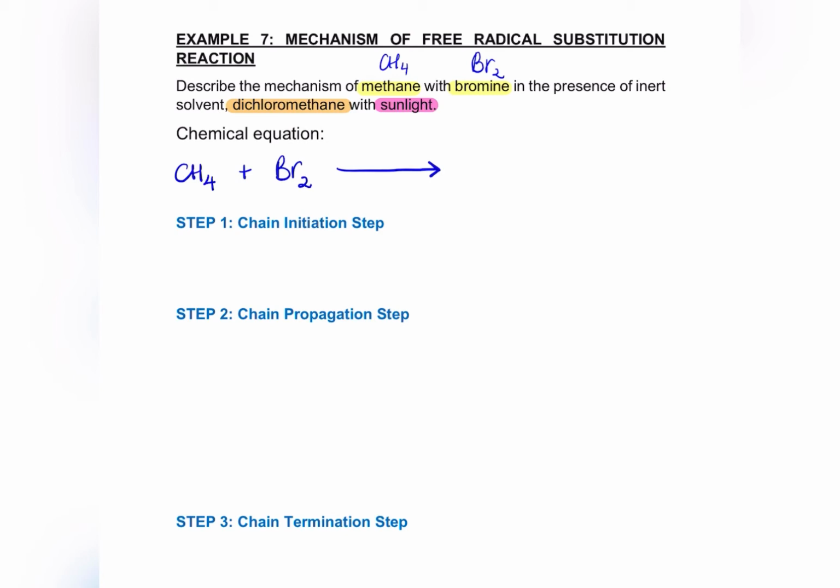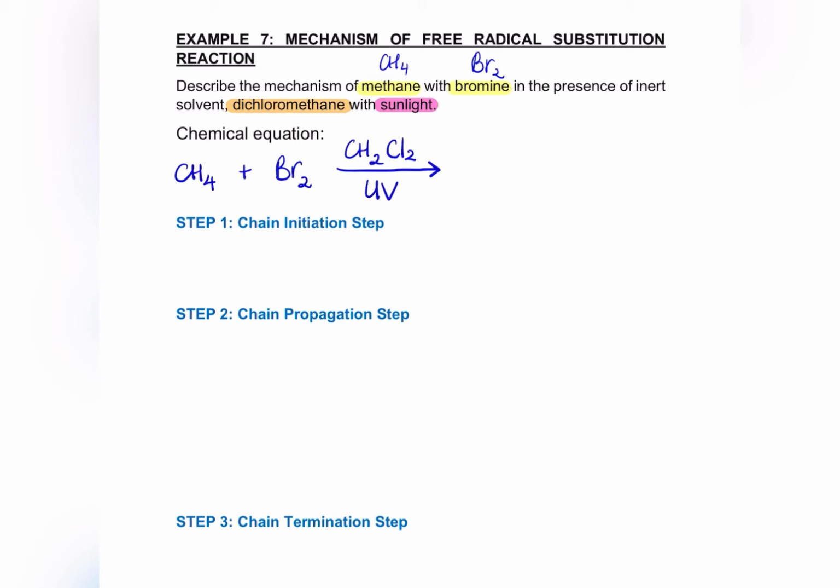You put it on top of the arrow, so I'm going to put CH2Cl2 on top of it. After that, for the condition under sunlight, you put it below the arrow. Usually, for the short form of sunlight, I use UV in capital letters.